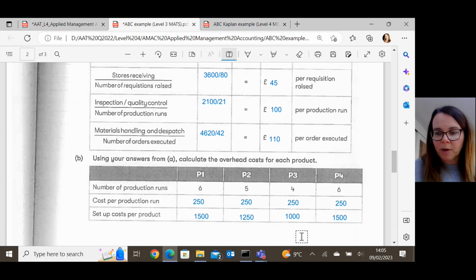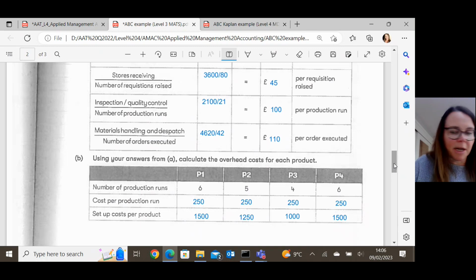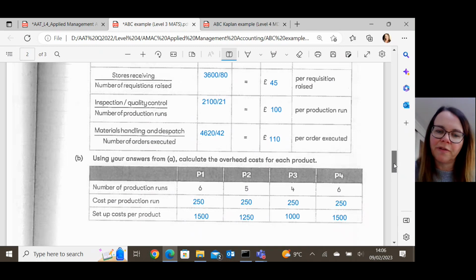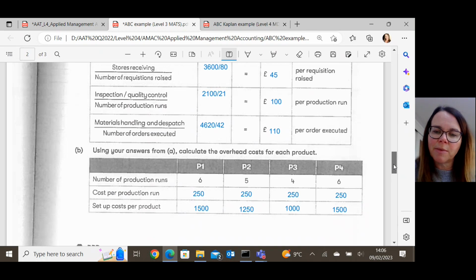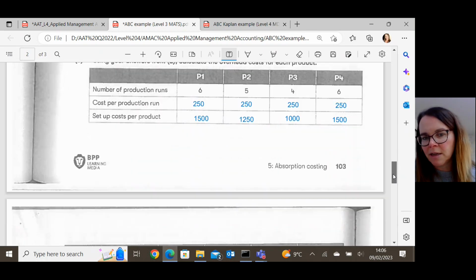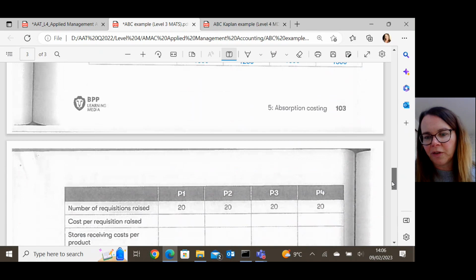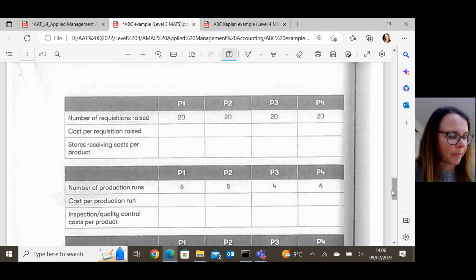So that's our setup costs per product. So we could just double check. So add those all together. And I get my total of 5,250. Very similar to when we used to do apportioning. Right, so just sharing out the cost as fairly as possible, basically.